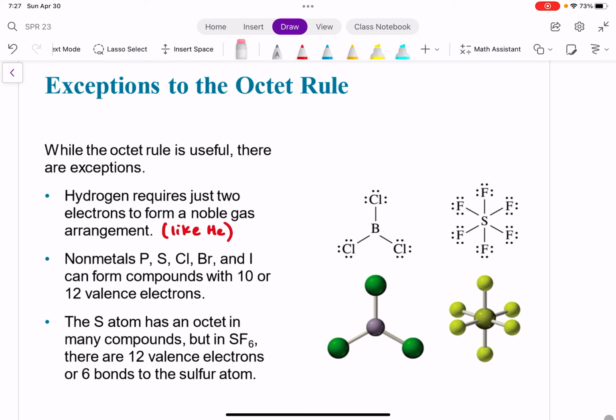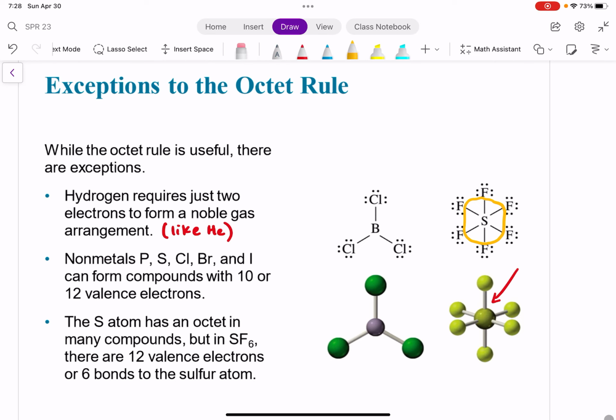So the sulfur atom over here in the middle, you'll see that it's bonded to 6 fluorines. And there are 12 valence electrons, or another way of saying that is 6 bonds to the sulfur atom. So looking just at the sulfur, we can draw our circle around that sulfur to show how many electrons. We have 1, 2, 3, 4, 5, 6 lines drawn, and each line is 2 electrons.